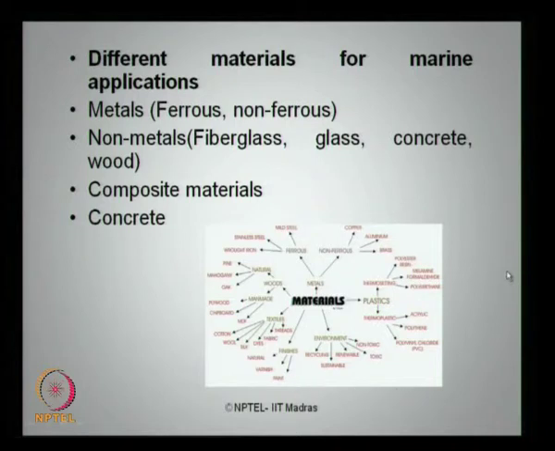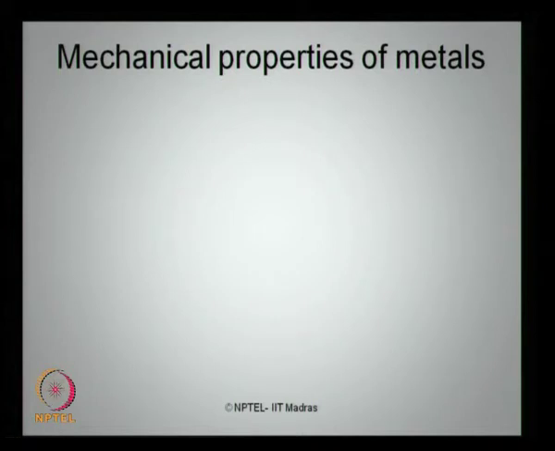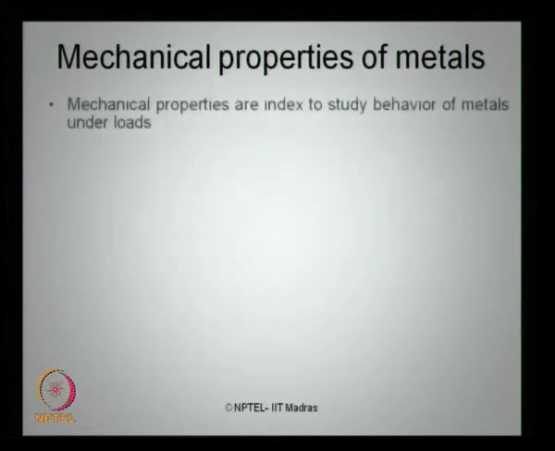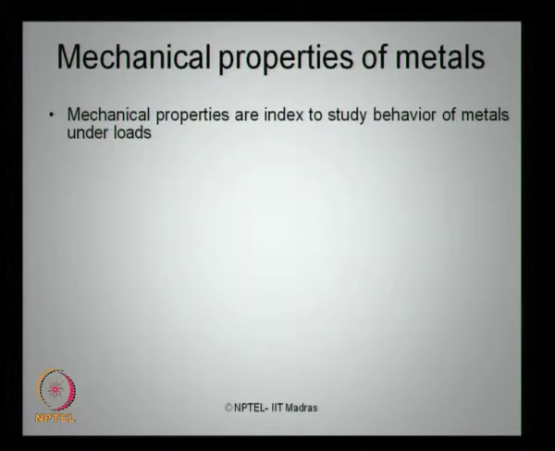So, our interest is to look at those fundamental characteristics which are very important for selecting material for the marine environment. What are the mechanical properties of metals which will guide us to select material for the ocean environment? The mechanical properties are generally considered as an important index to study the behavior of metals under loads.